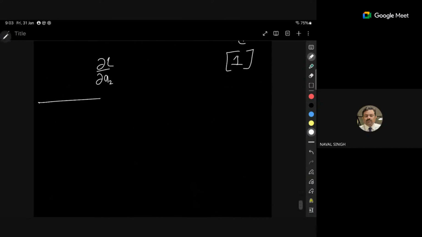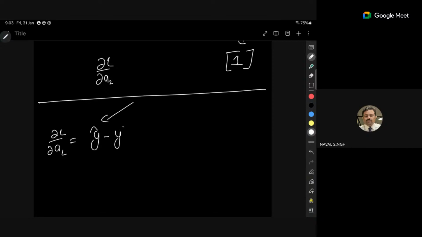The 2-3 things you have to remember: del L by del A, for the last layer AL, is always going to be y hat minus y, right? And same, I think we used something like minus y hat. Yeah, same. So this is the same thing.